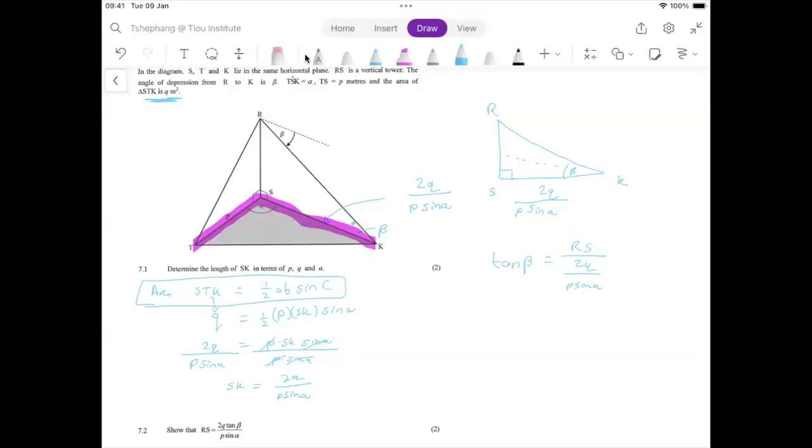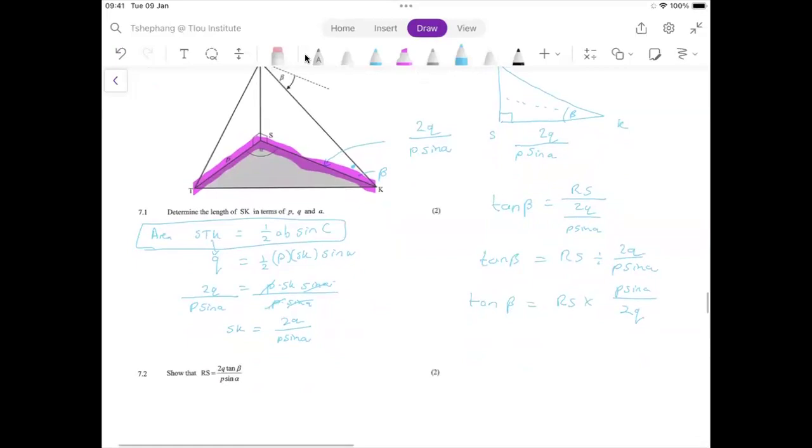Okay, now we still want RS. So what I'm going to do is I'm going to say tan of beta is equal to RS divided by 2Q over P sine of alpha. Okay, tan of beta is equal to, let's fix this, tan of beta is equal to RS multiplied by P sine of alpha over 2Q.